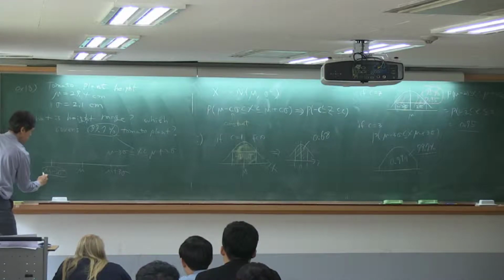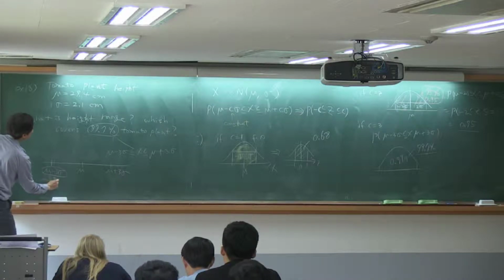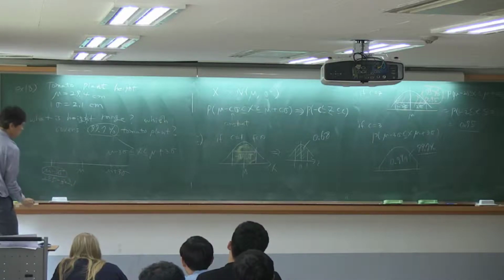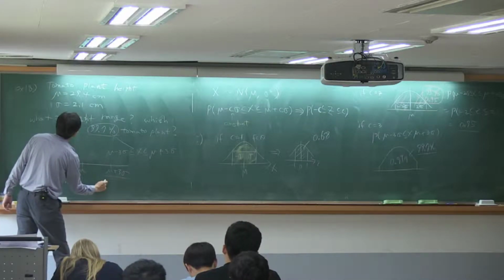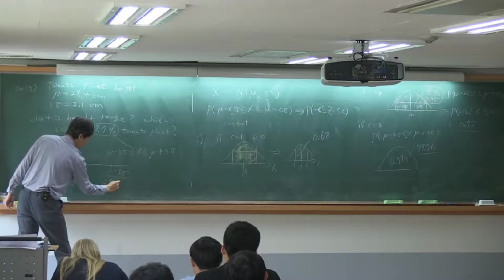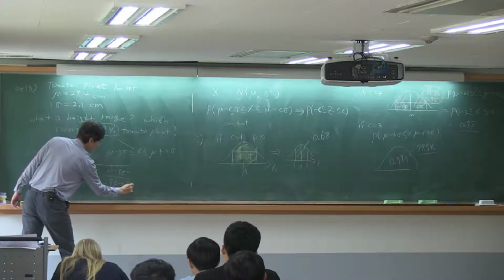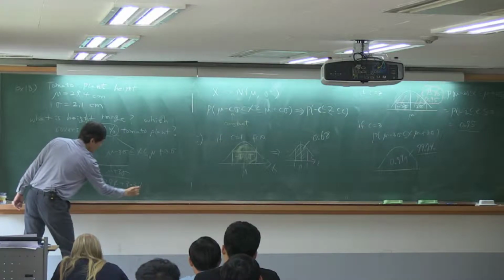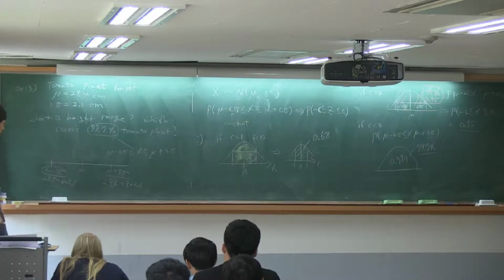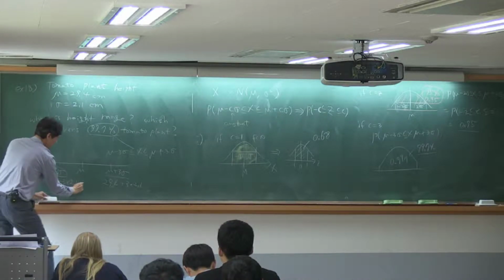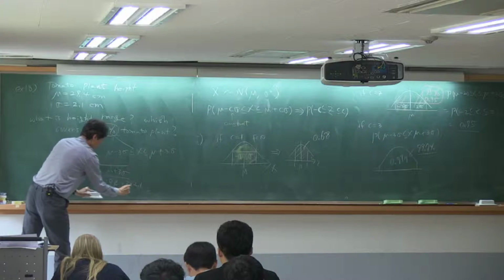Mu minus 3 sigma is 29.9 minus 3 times 2.1, and here it is 29.9 plus 3 times 2.1.